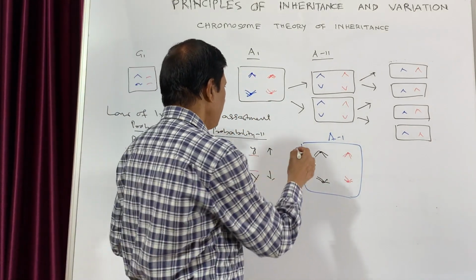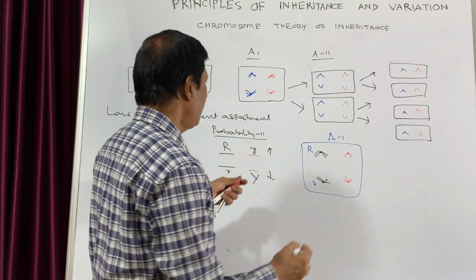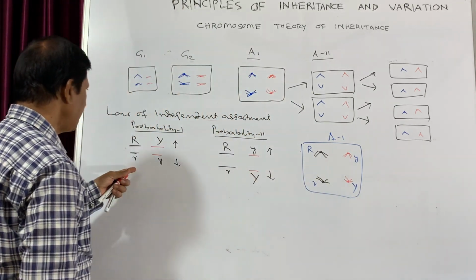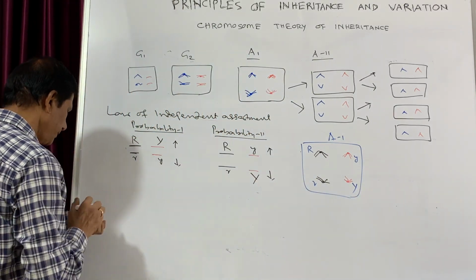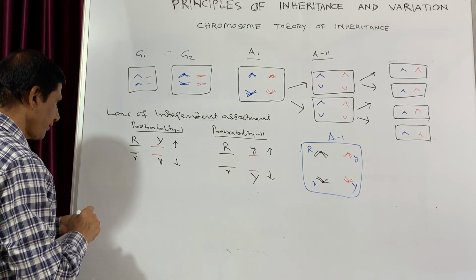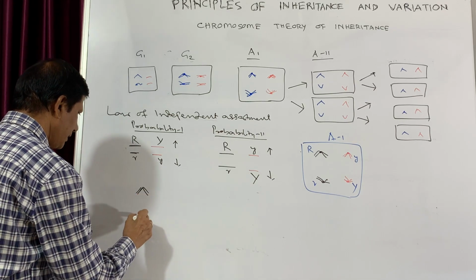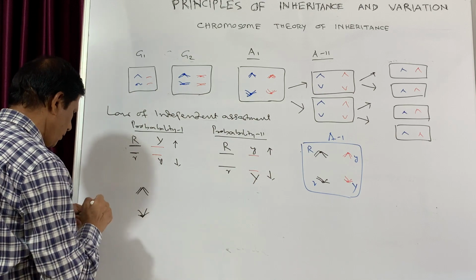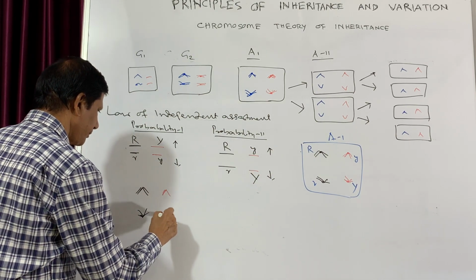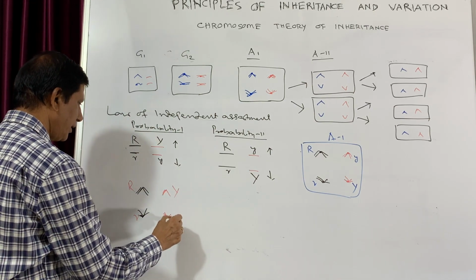That means if this is capital R, this is small r, and if this one may be small y, it may be capital Y. And in this case you will find just the reverse one. In this case you will find that capital R and small r, while this one is capital R, this is small r, this is capital Y, this is small y.